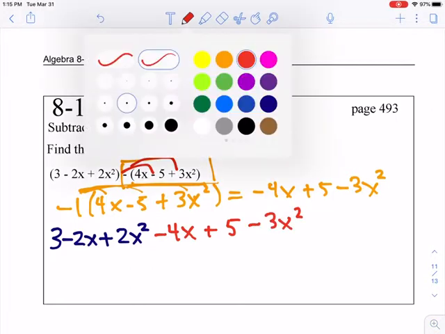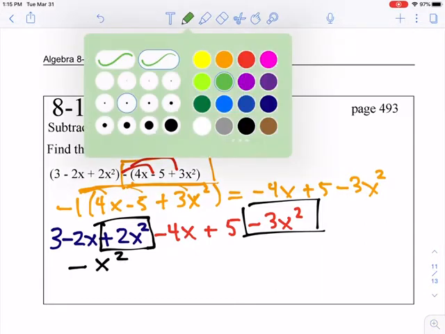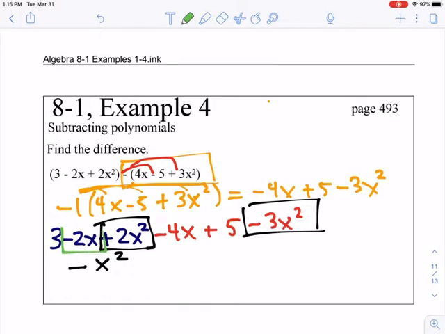So at this point, it's just a matter of doing what we did in the last example, and you're just going to combine the things you know you can combine. I am going to do that a little quicker on this one. So I'm going to go plus 2x squared minus 3x squared, and I'm going to combine them right now. We're going to call that -x squared. All right, next we will do -2x and -4x, and that's going to give me -6x.